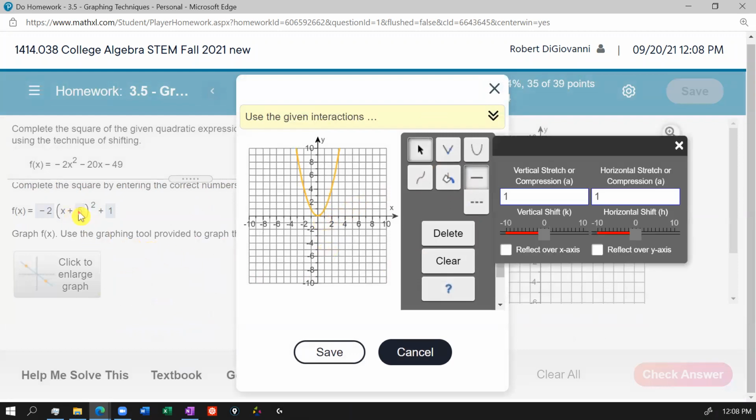The +5 means to the left 5, not 6, 5. A vertical stretch by -2, so it's a stretch by 2, but it's negative, so we want to reflect it over the x-axis. And then we'll move the whole thing up 1, vertical shift up 1. There we go.